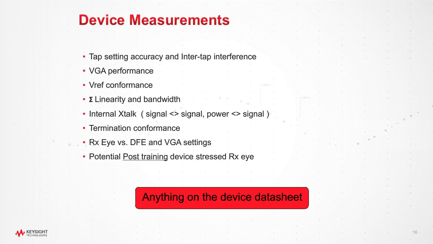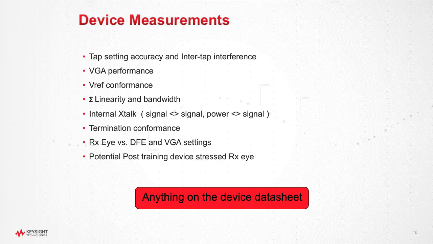In a DFE, decision feedback equalizer, there's an element that basically adds up the feedback from each of the taps. That's going to have a certain bandwidth and linearity. There's going to be crosstalk inside the chip that's likely going to have to be limited by the specification. Then there's ODT, and what the actual eye looks like at the ball or inside the DFE.